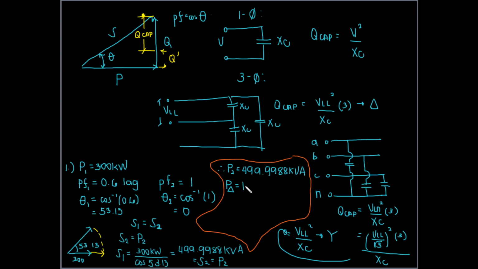So obviously this is P2 minus P1. There. So answer must be 299,199.9988. There. Okay?